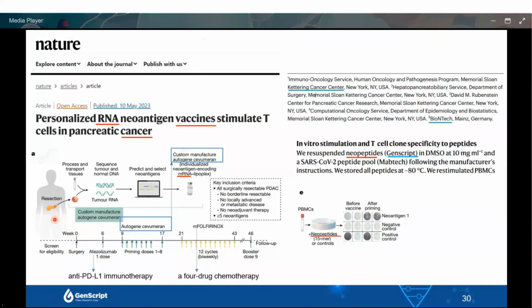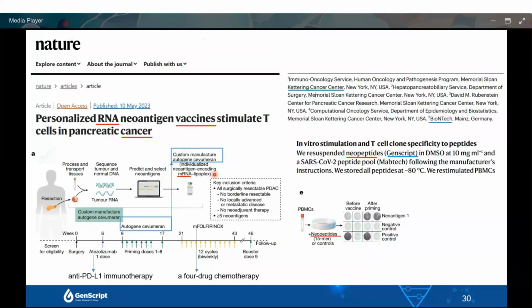First we get the tumor, then we transport the tissue and sequence the tumor and normal DNA, using AI technology, like I mentioned, to predict and finally select the neoantigens.